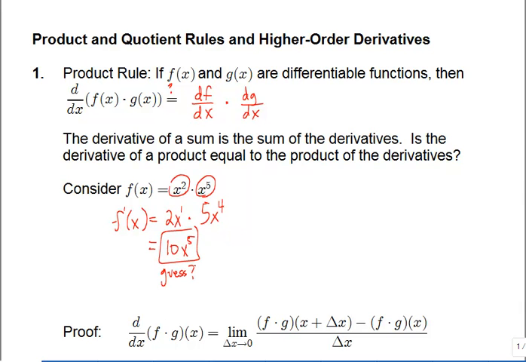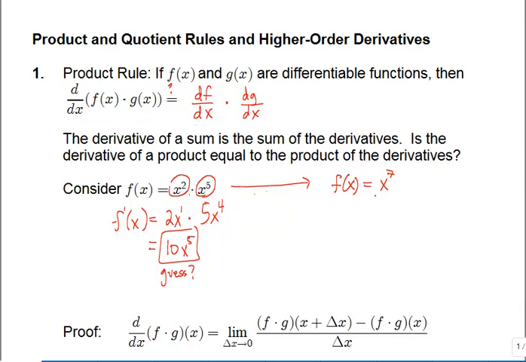Now let's find out what the derivative actually is. One way to figure out what the derivative actually is, is to go ahead and simplify this product before we even begin. We can do that by our laws of exponents, which we know are true. x to the second times x to the fifth, when you add those powers together, is really the same as x to the seventh.